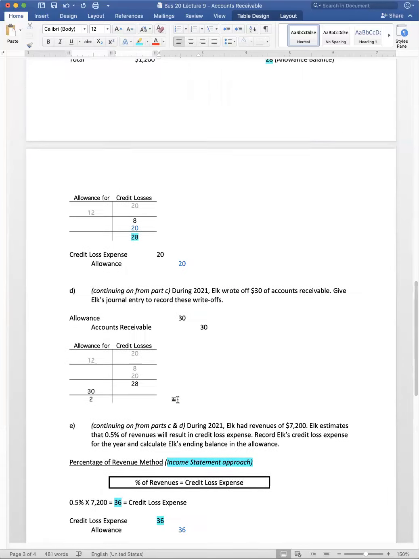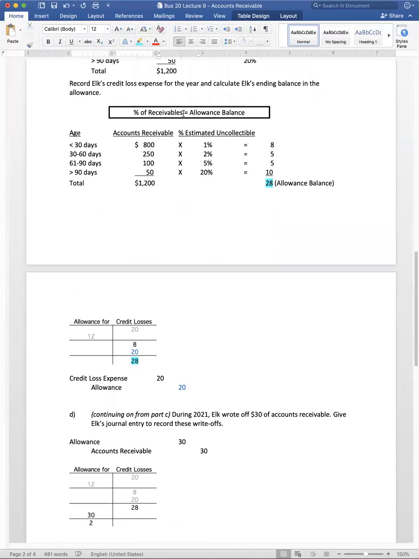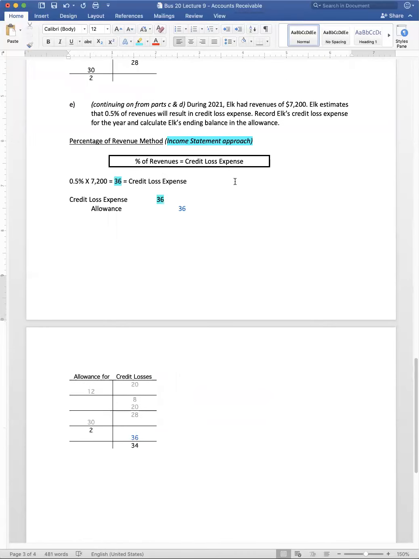So over here, with the percentage of receivables method, I calculate the allowance balance. So I'm calculating this bottom number first. And then based on what I want this to be, I know how much I need to record here in the journal entry. But with the percentage of revenues method, with my income statement approach, I'm calculating this number first, right?